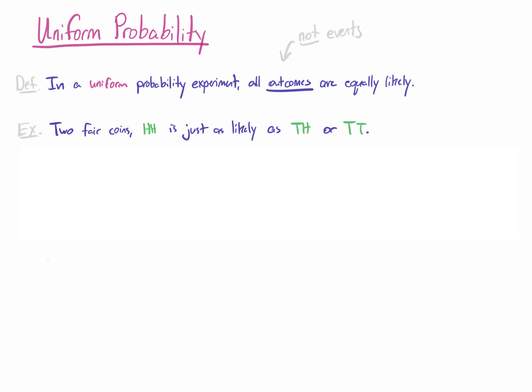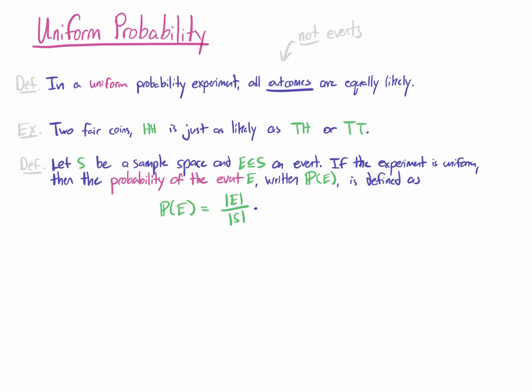When we are doing a uniform probability experiment, there's a really simple formula that allows us to calculate the probability of an event. So here it is. Let S be a sample space, a space containing outcomes, and let E, which is a subset of S, be an event, whatever event.